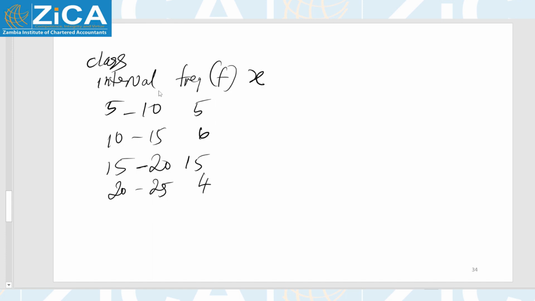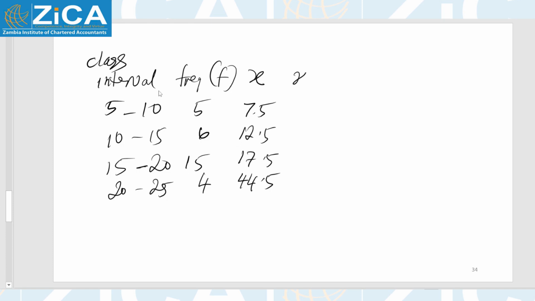So get X, which is the class midpoint. 5 plus 10 divided by 2 will give us 7.5. 10 plus 15, which is 25, divided by 2 will give us 12.5. 15 plus 20, which is 35, divided by 2 will give us 17.5. 20 plus 25, which is 45, divided by 2, will give us 22.5.